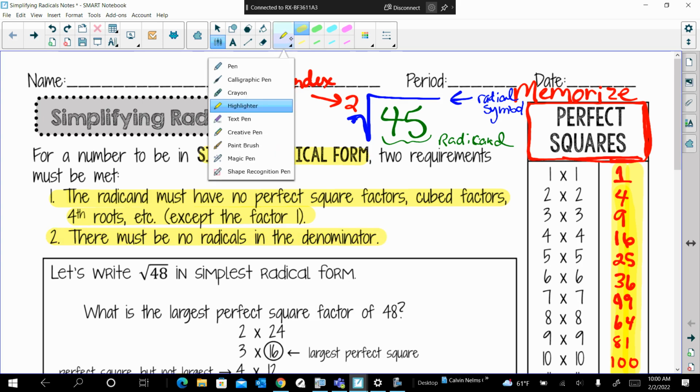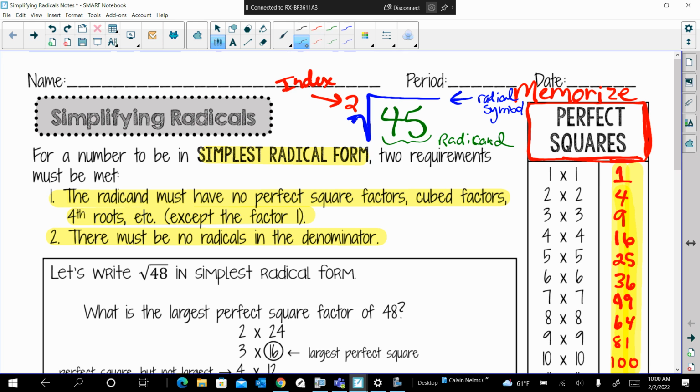An example of that: let's say you have 2 over the square root of 3. That's not acceptable. You can't have a radical in the denominator. This would be wrong, not in correct form.